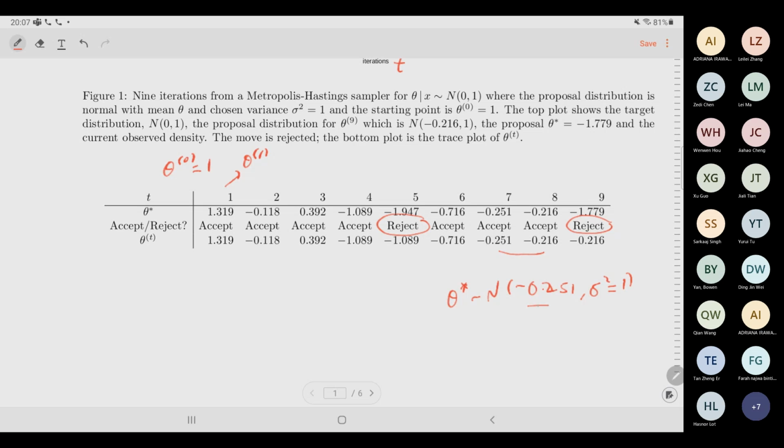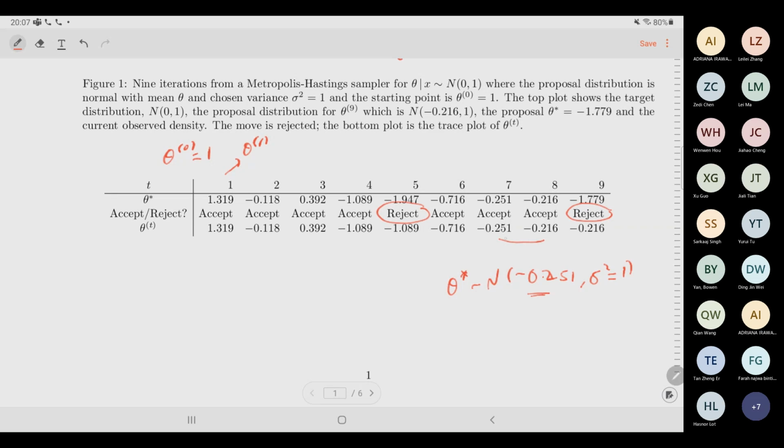Then I will propose to move to another value, randomly picked from a normal with this mean and this variance. In this example, they propose from minus 0.25, they propose minus 0.216. So this is by coincidence, just a random movement. They proposed a very close move, so you can see that there is an acceptance, but the values are quite close.